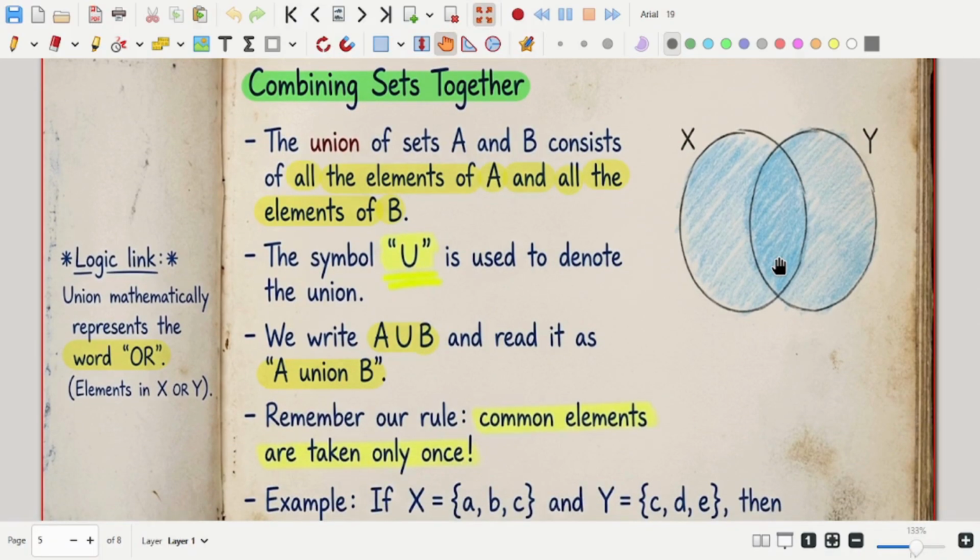This is a rule, and union is denoted with this symbol U, and we write it as A union B and read it as A union B.